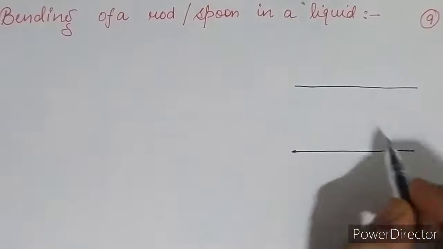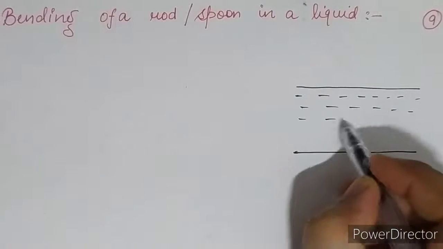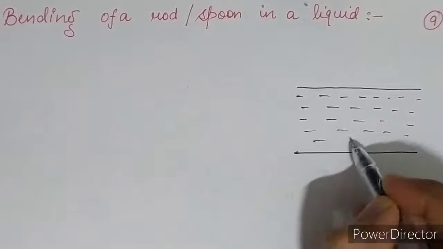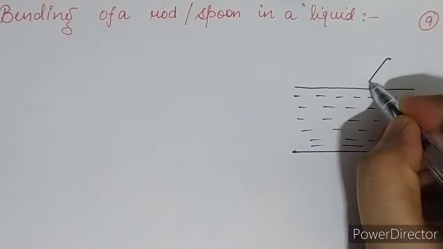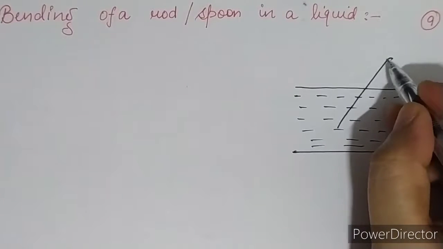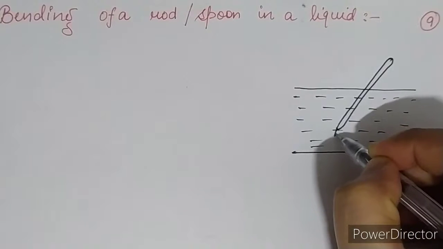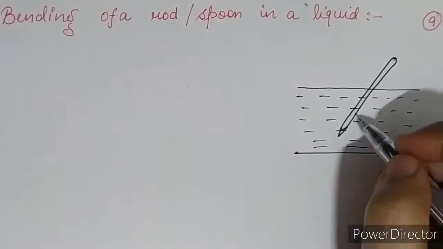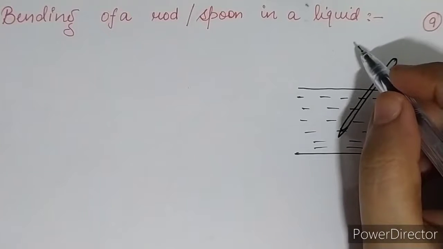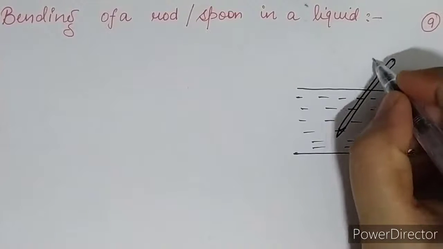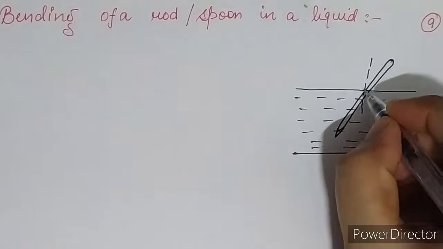This is the surface, and a liquid is present in this. I am using a pencil or rod which is dipped in this liquid. When it is dipped like this, a normal is created, and through this normal line it appears slightly bent.